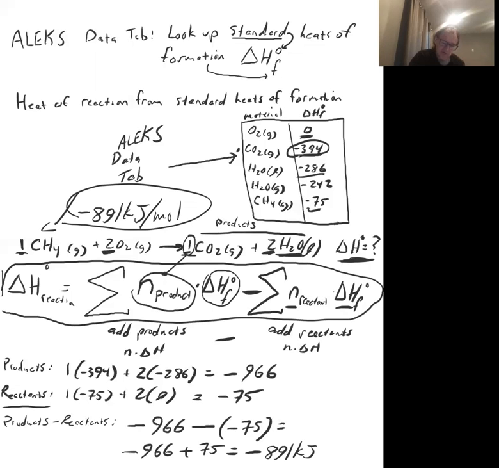I think most of these are combustion. Here we go. So I'm going to give you the balanced equation, 2C2H6 gas plus 7O2 gas gives 4CO2 gas plus 6H2O liquid.